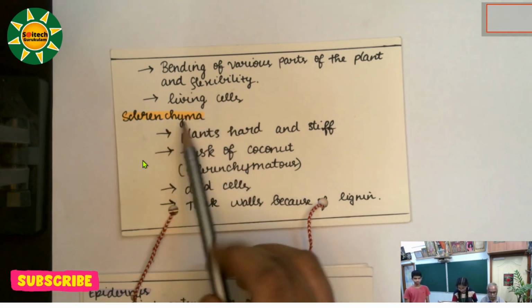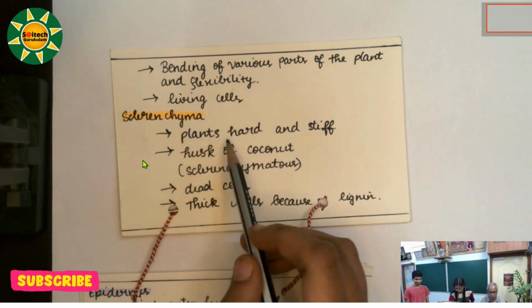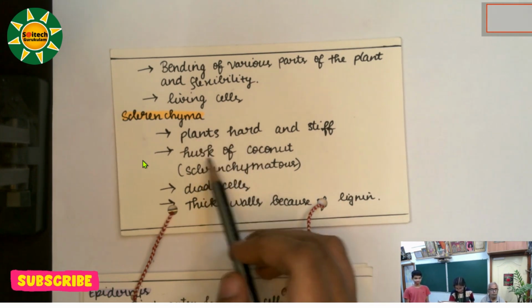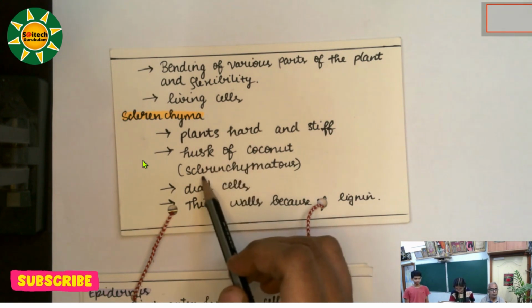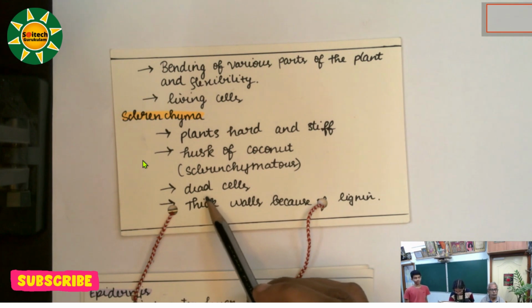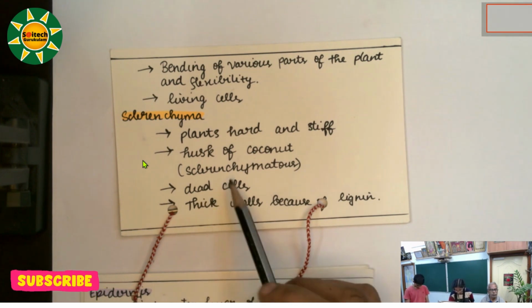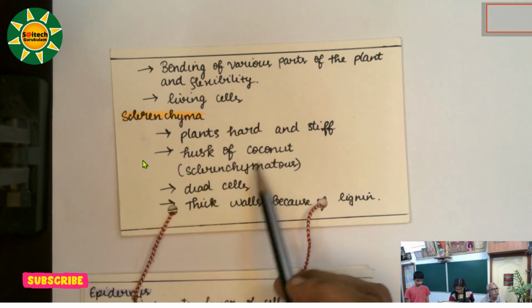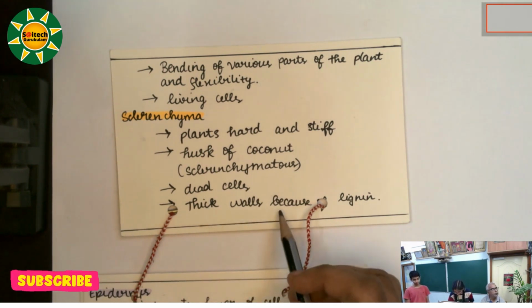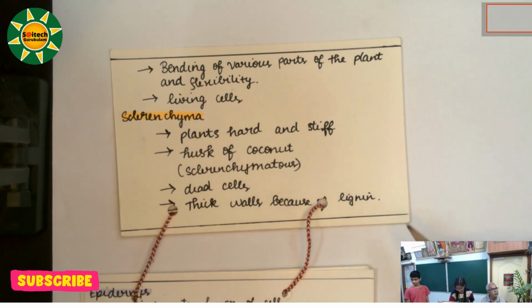Now coming to sclerenchyma. They provide hardness, stiffness and rigidity to the plants. For example, the husk of the coconut is made up of sclerenchyma. Mostly the cells of the sclerenchyma are dead. That's why the husk of the coconut is very hard. The cells of the sclerenchyma have very thick walls because of the lignin content present in it.